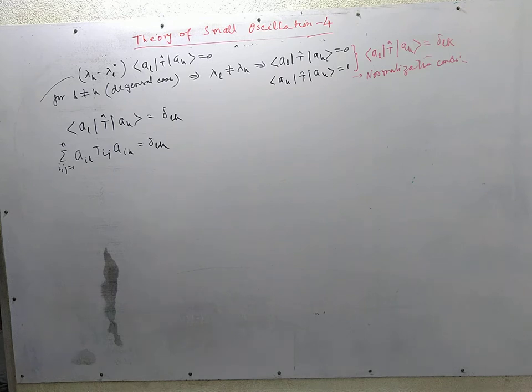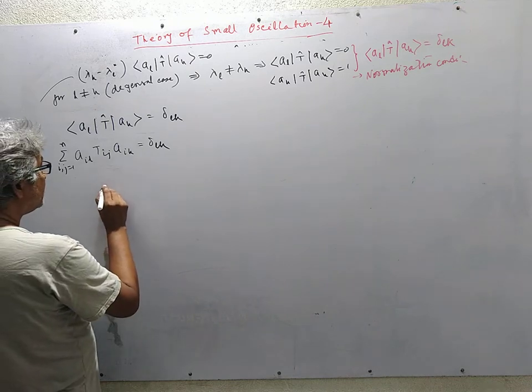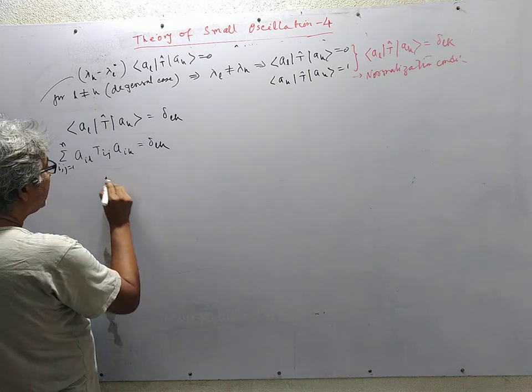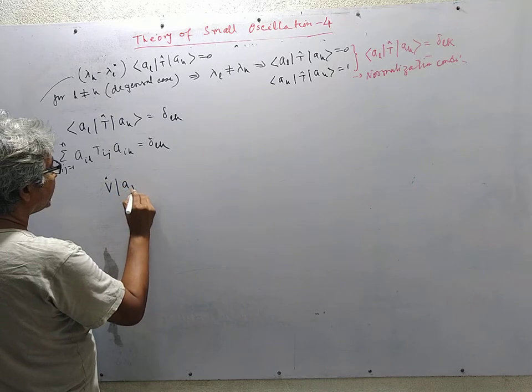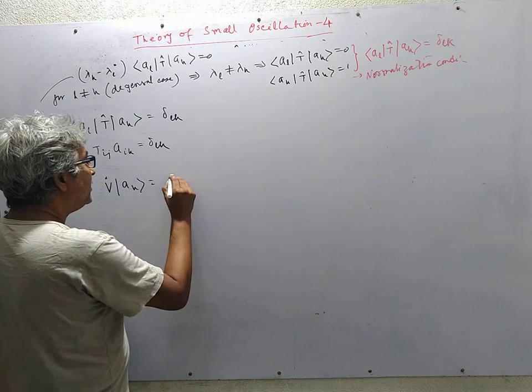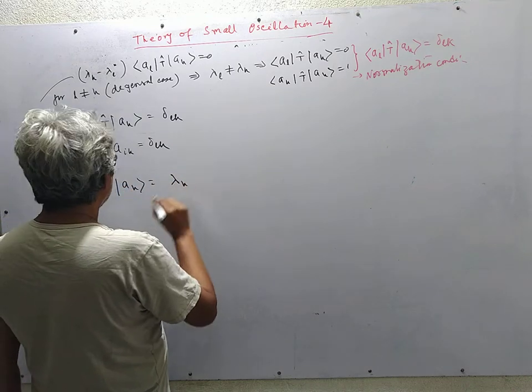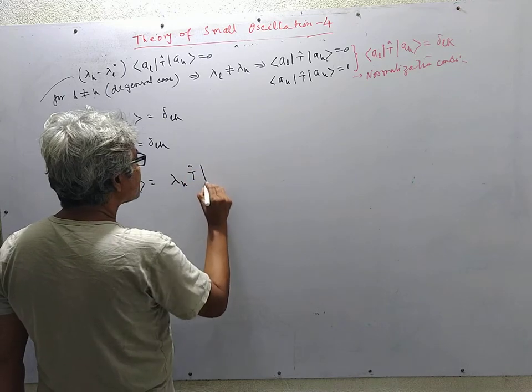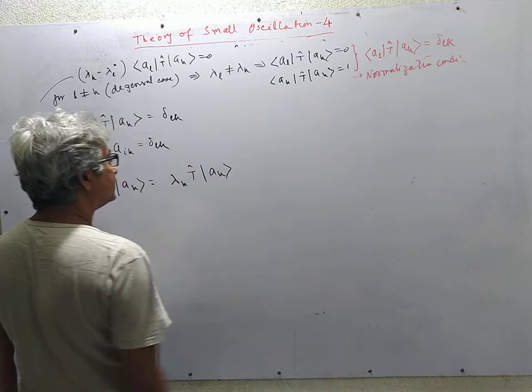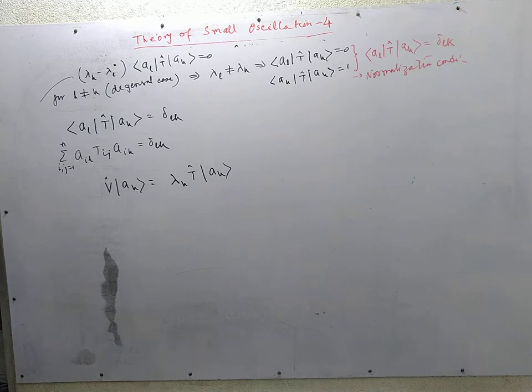Now going back to the mother equation that we started with, we have V matrix operating on a_k is equal to lambda_k T matrix operating on a_k.